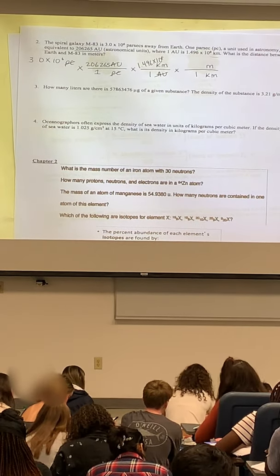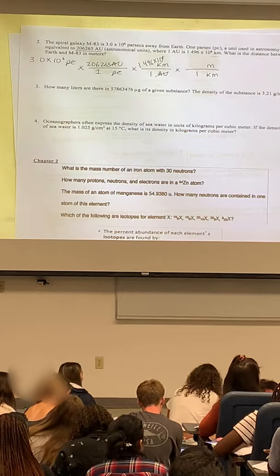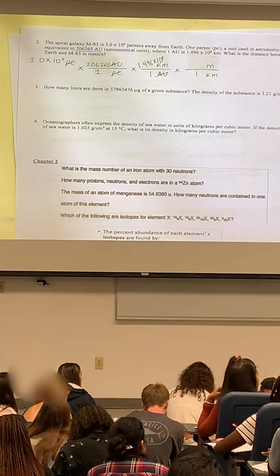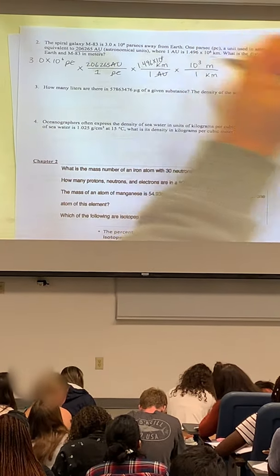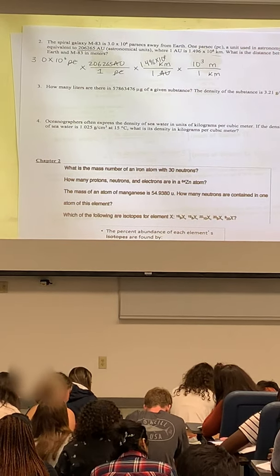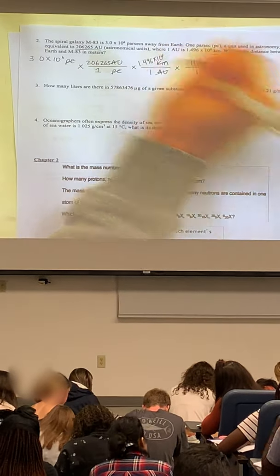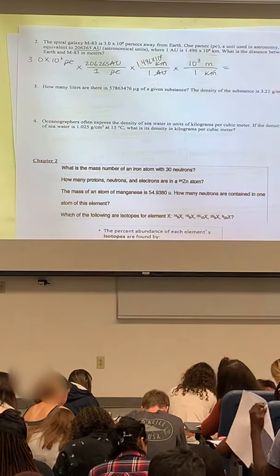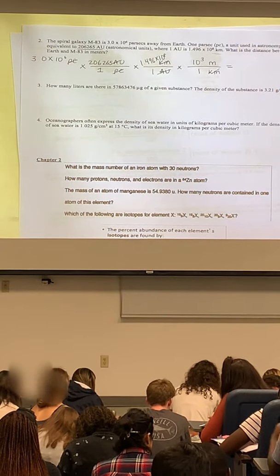How many spaces are there between meters and kilometers? 3 spaces, so it's going to be 10 to the 3rd in the top. Positive exponents. Now if you solve this, you just get your answer in meters.